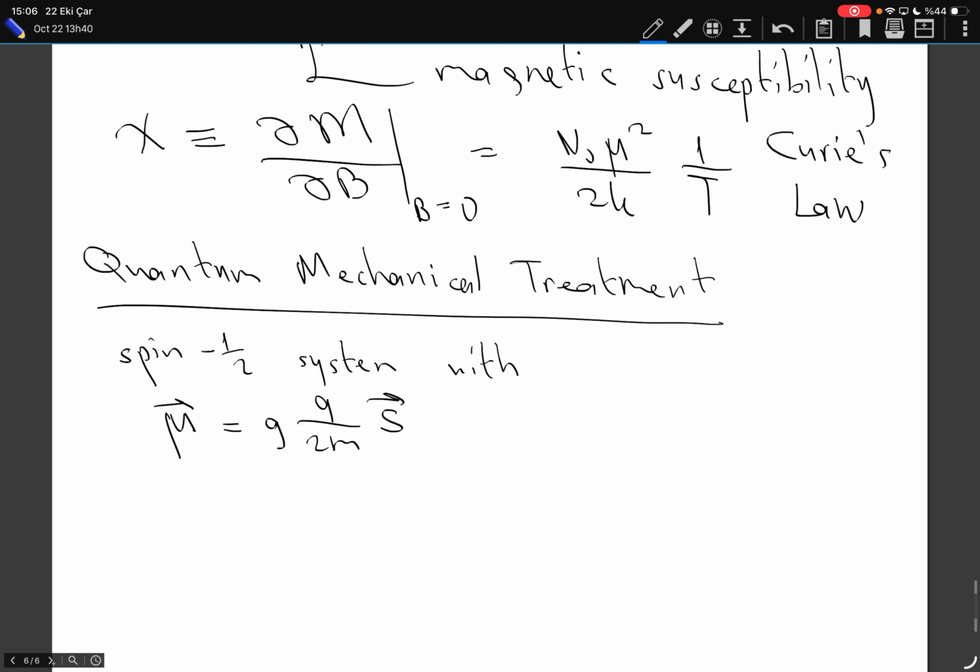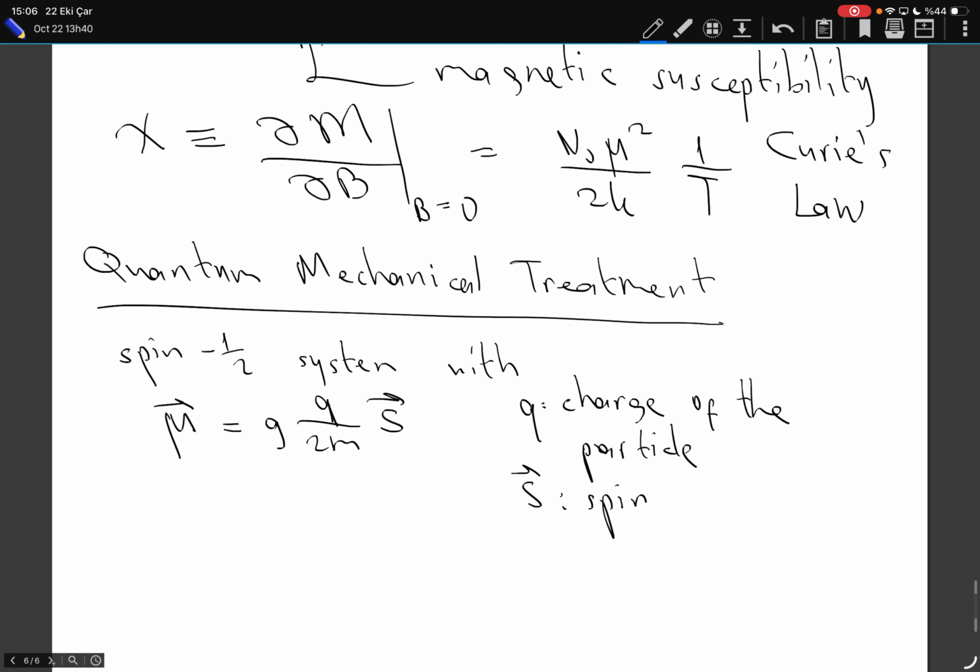G is some constant. This is Q, the charge of the particle. S is the spin. For example, this can describe an electron.